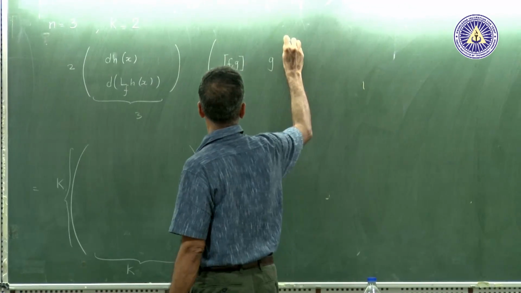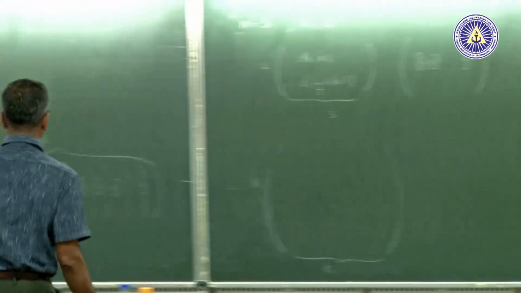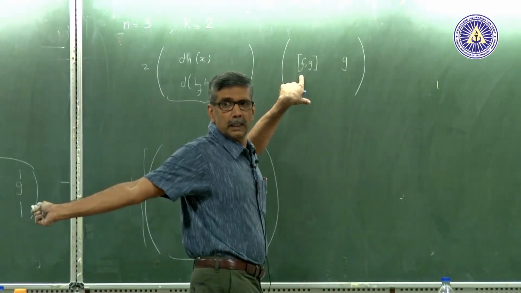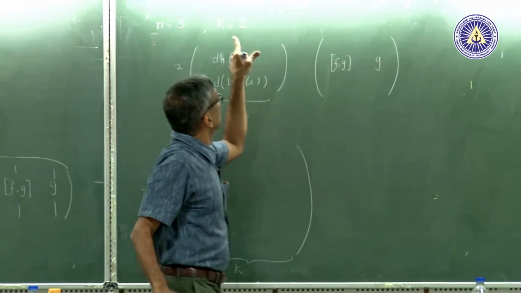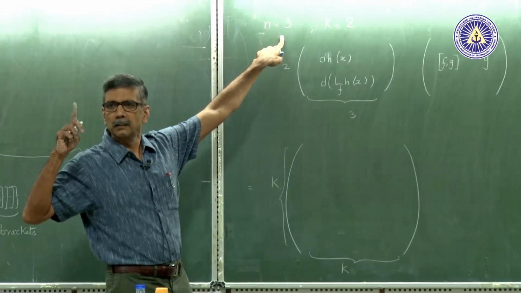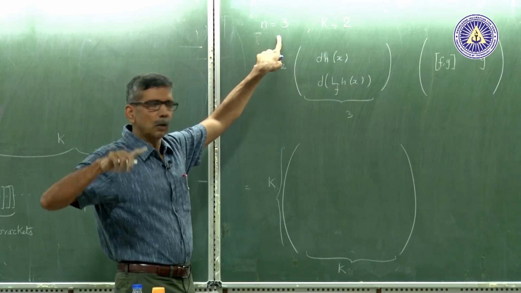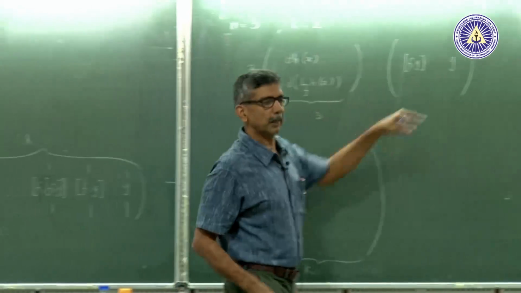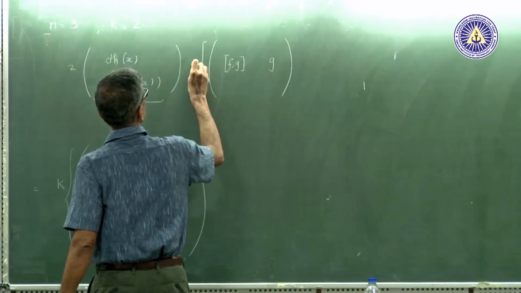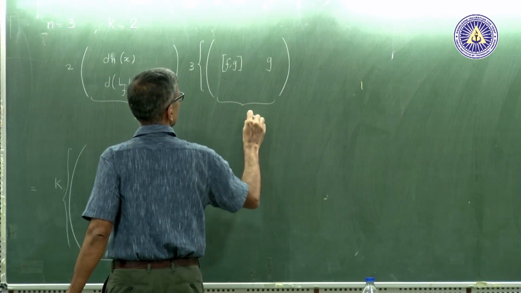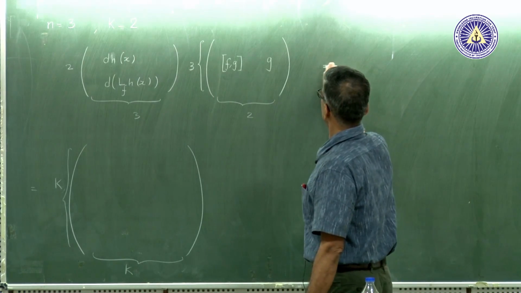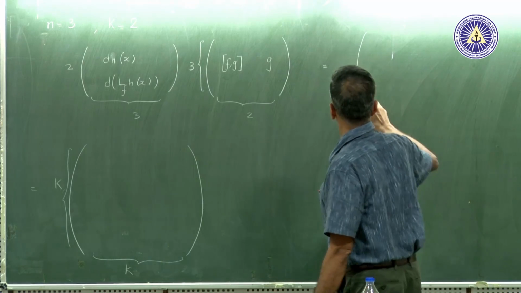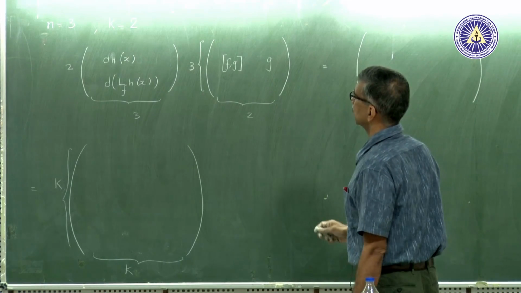Okay, anyway, let us do it. So, k minus 1, so 2 minus 1, 1 bracket, correct. I am taking a nonlinear system, order 3, relative degree of that output was 2. 2 minus 1, 1 Lie bracket, right. So this is 3 by 2. So what does the product of this yield? This yields a 2 by 2 matrix which looks like this.